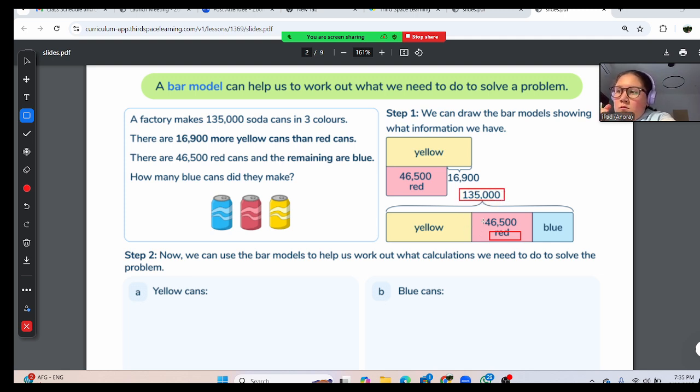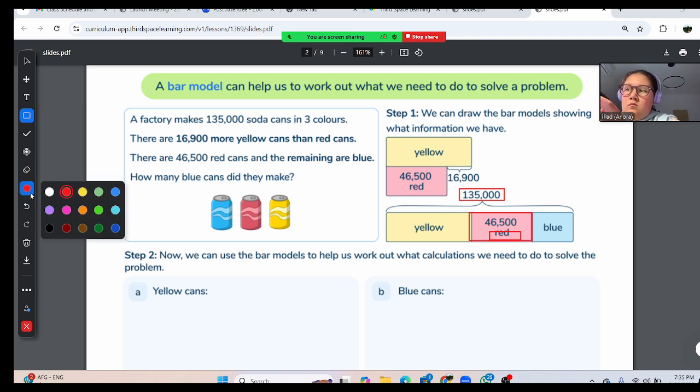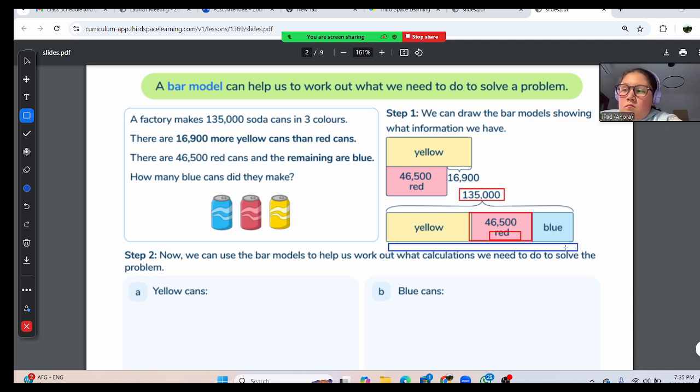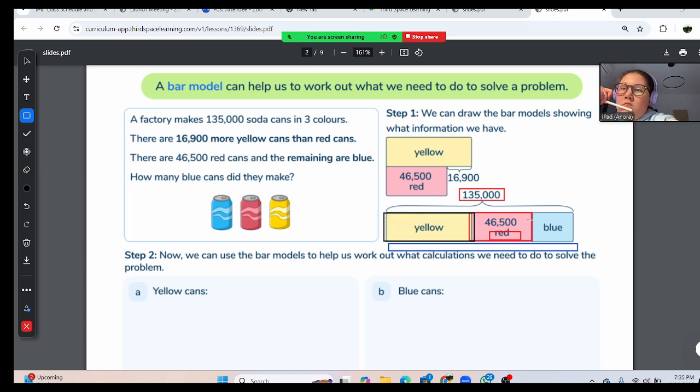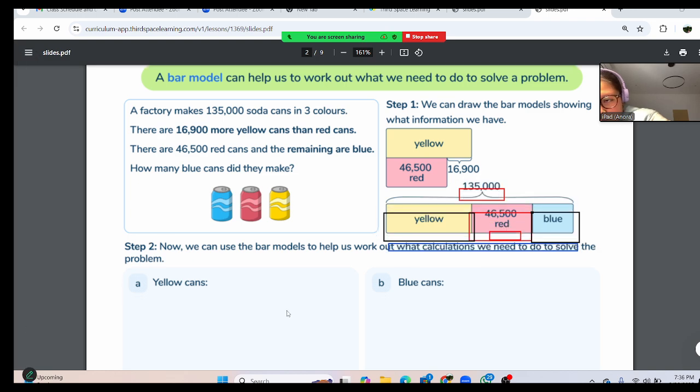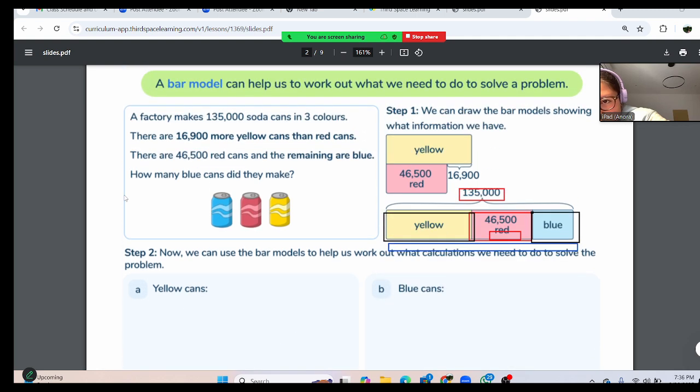If I subtract the red from the whole bar, which is the total bar, the remaining portion would be yellow and blue, right? But I need to find the exact values of yellow and blue. What would I do here?